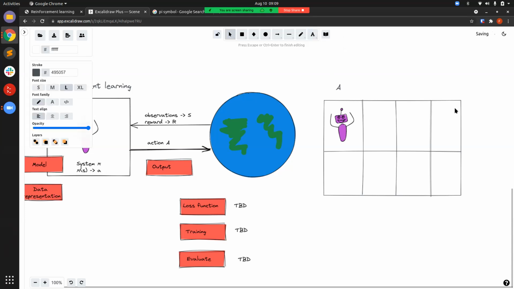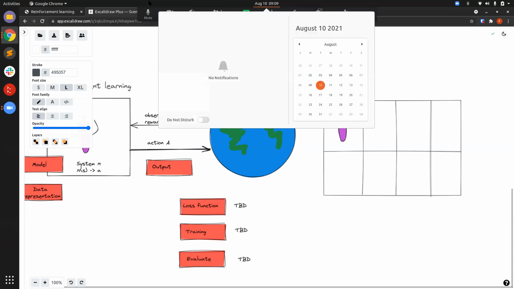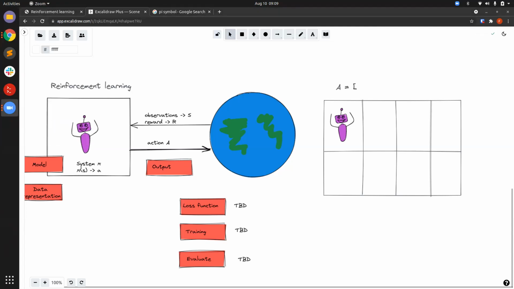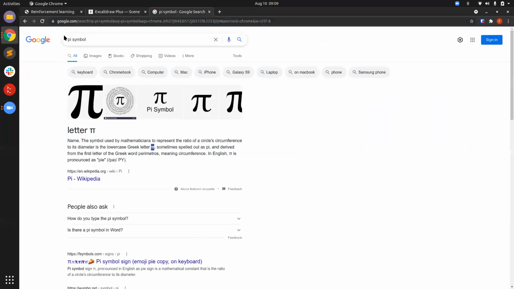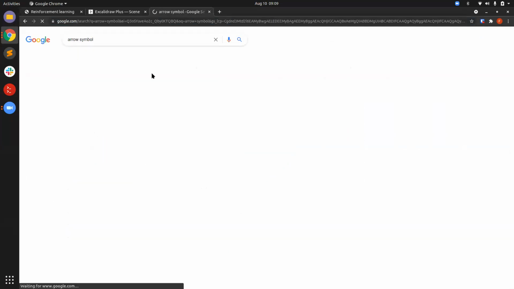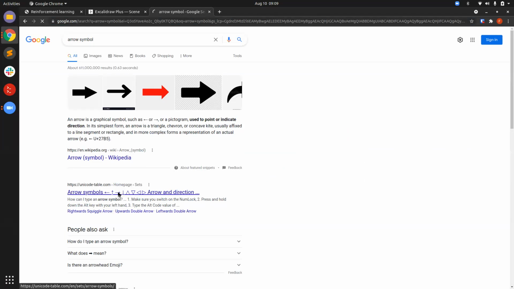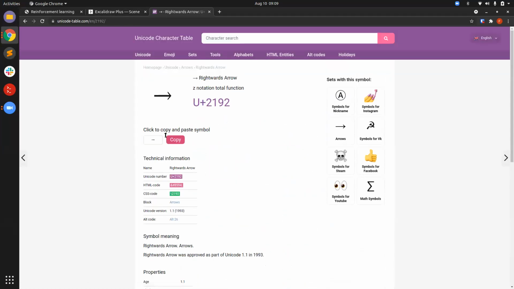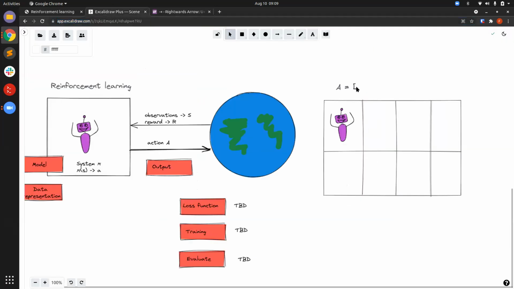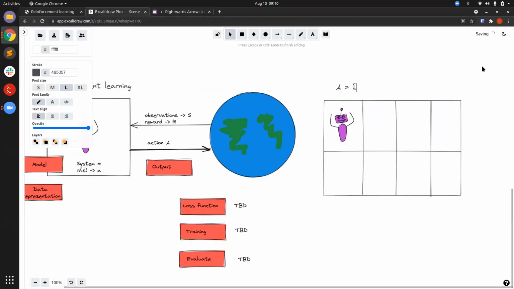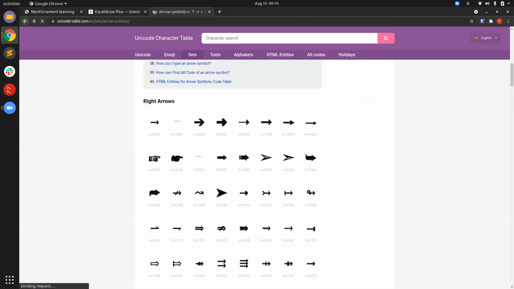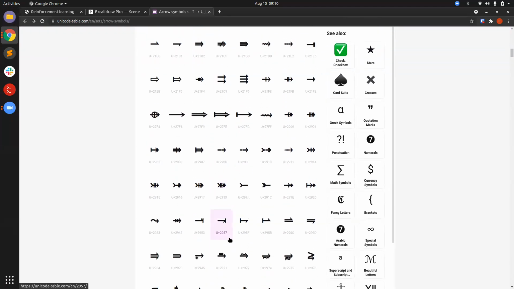So let's say the set of actions is equal to, let's just get some more symbols in here. So it can go right. It can go left.